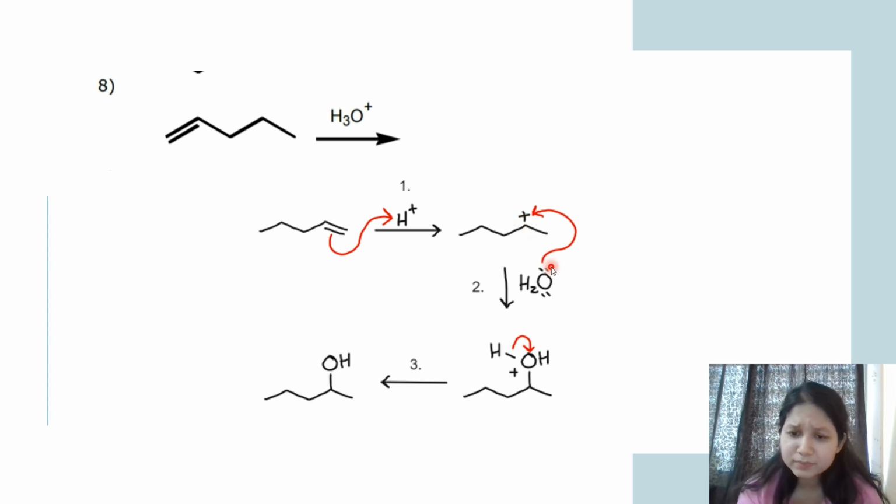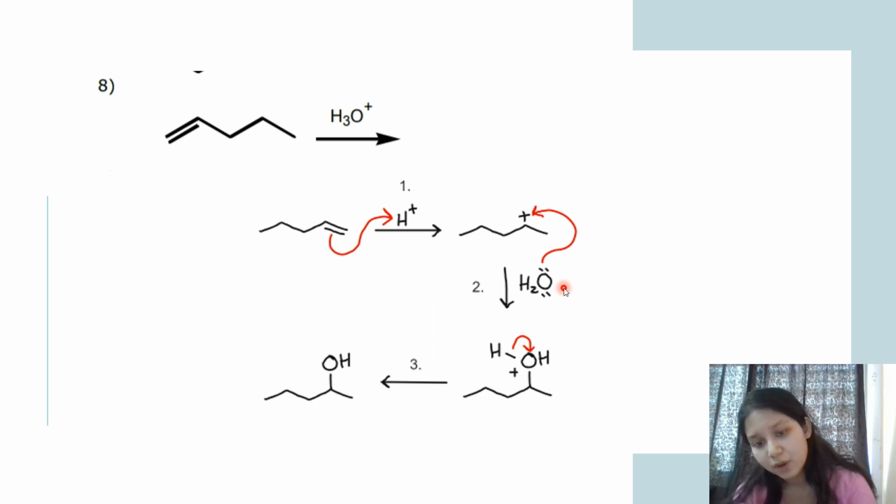So since this oxygen is giving its lone pair of electrons to the positively charged carbocation, this oxygen in turn will get positively charged. Now what you have to do: you have many water molecules in the system. Those will extract a proton from this oxonium ion, and neutralize this charged species which is formed.